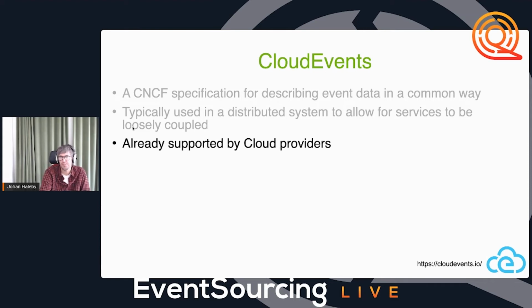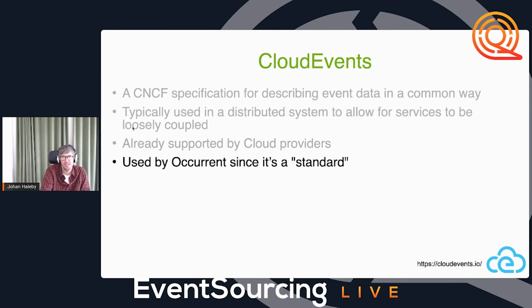So, for example, in Google Cloud that we are using, they have a special kind of function called CloudEvent functions that can be invoked directly as a response to events from their infrastructure components, such as Google Cloud PubSub or Google Cloud Storage, which is their equivalent of S3, or Firebase events, etc. This means that you can easily pipe events, if this is something that you want to do, from the event store to something like PubSub and gain access to a lot of functionality. So that's pretty cool. And it's used by Occurrent since it is a standard.